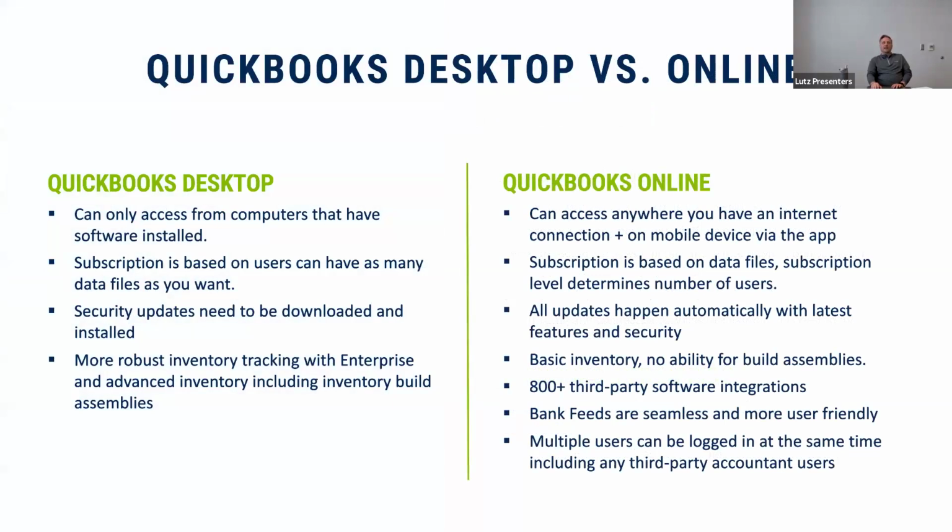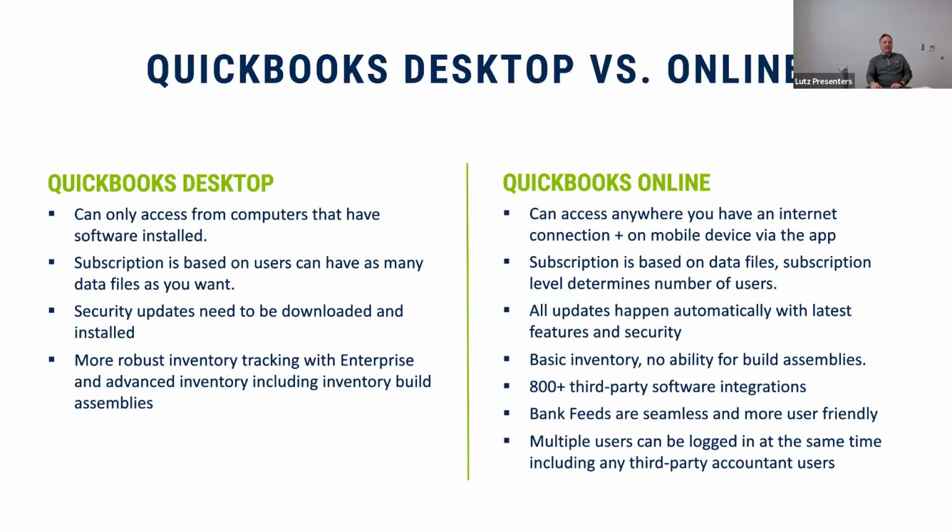So here's QuickBooks Desktop versus QuickBooks Online. Here are some differences that I wanted to point out. With QuickBooks Desktop, you can only access it on computers that have the software installed. So if you have 5 people that need to access it, each of those people would have to have QuickBooks Desktop installed on their computers, do the maintenance releases on those computers, upgrade when necessary, and so forth.